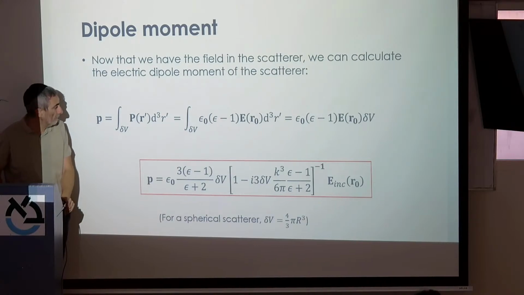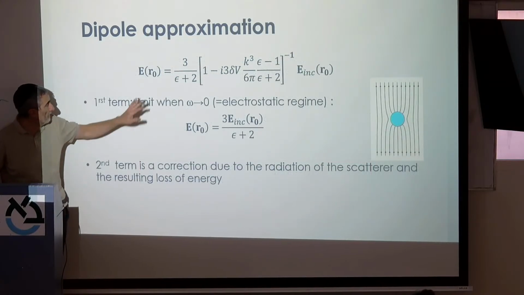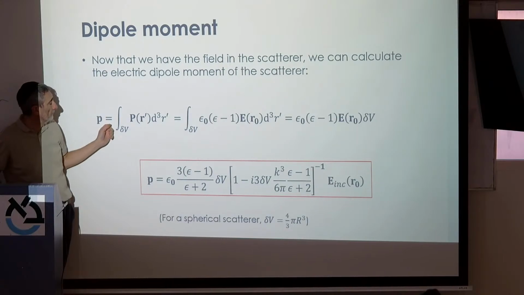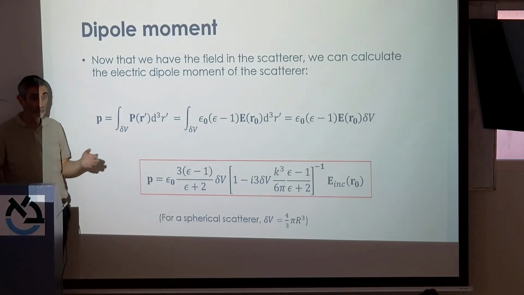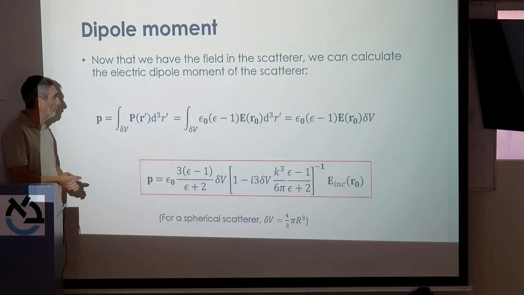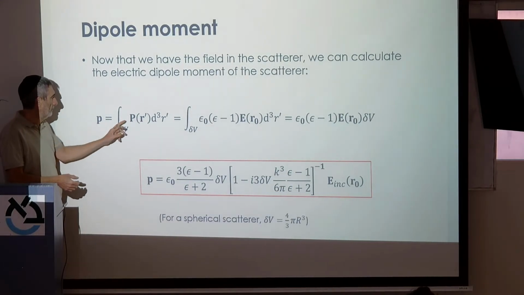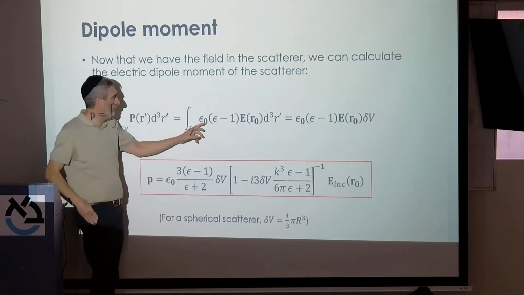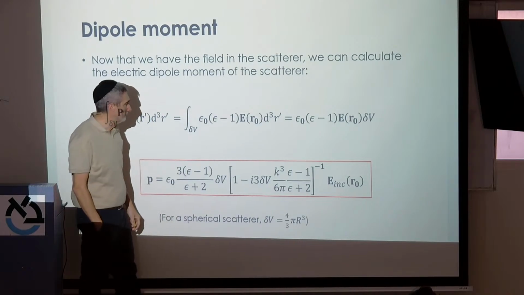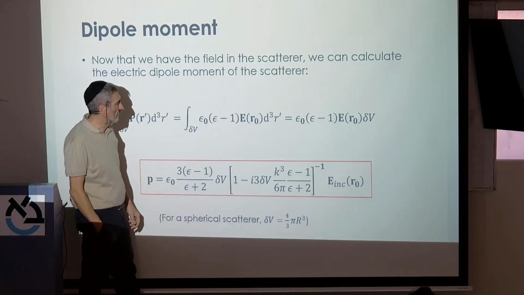So from this expression of E, we can calculate the polarization. That's important. Now that we know the field inside, we know the polarization resulting from the incident field. So P is the integral of epsilon minus 1, E of R0, d3R prime.